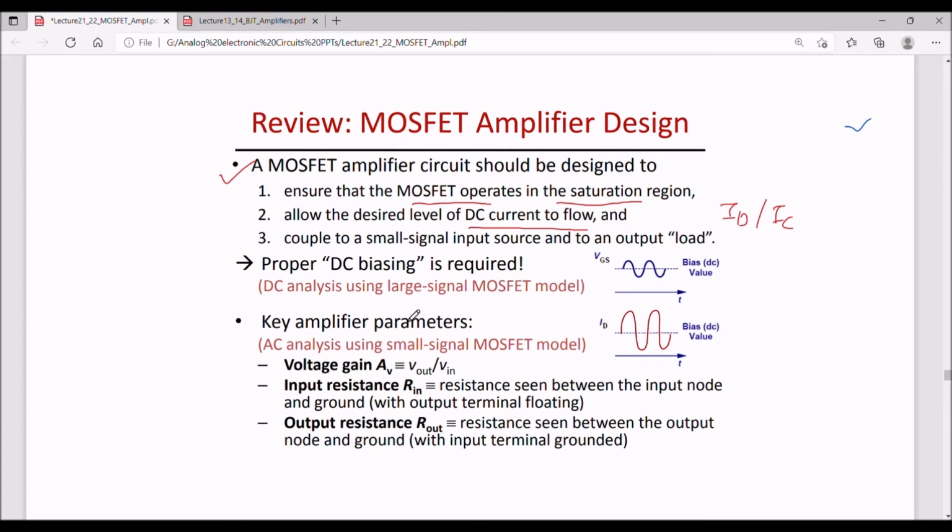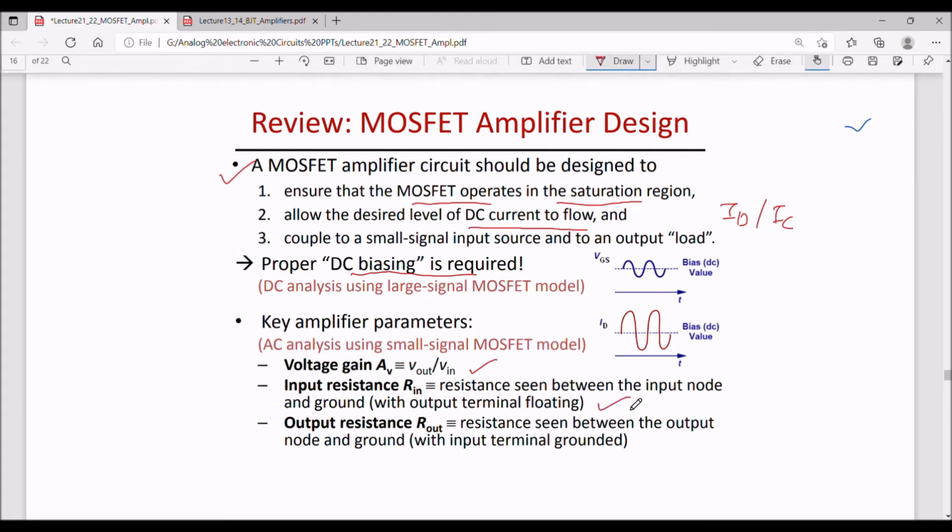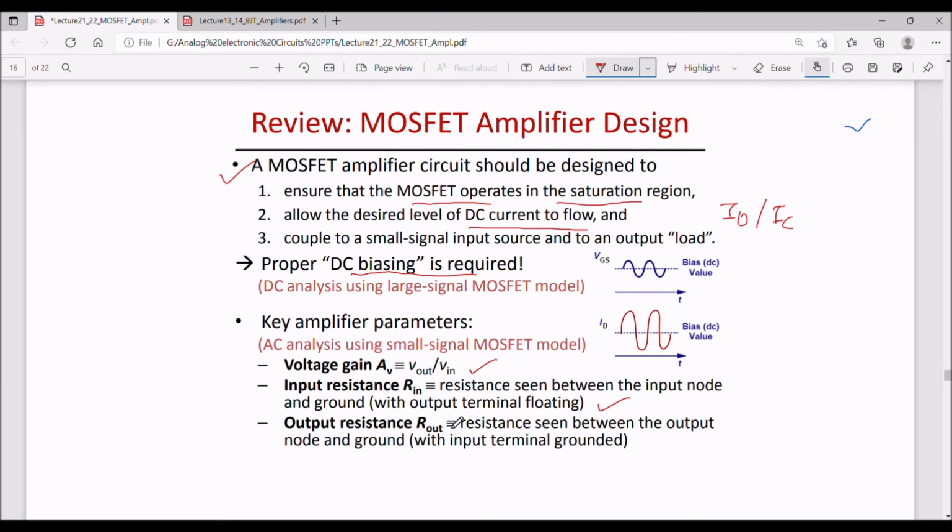Then DC biasing is required. And then voltage gain can be calculated by Vout by Vin. Input resistance is seen between the input node and ground, and output resistance is seen between the output node and ground.